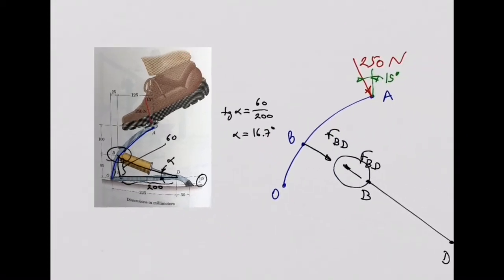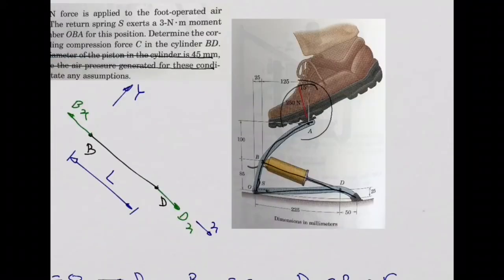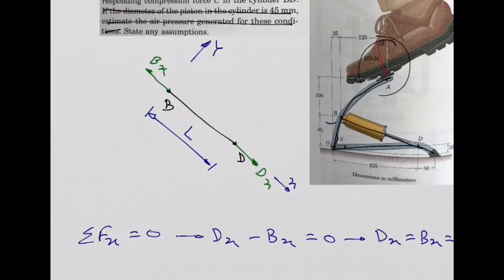I have this. So basically, I know this direction because this angle here is 16.7 degrees. Because I know this force needs to have the direction of my strut. That's what we concluded here, right?